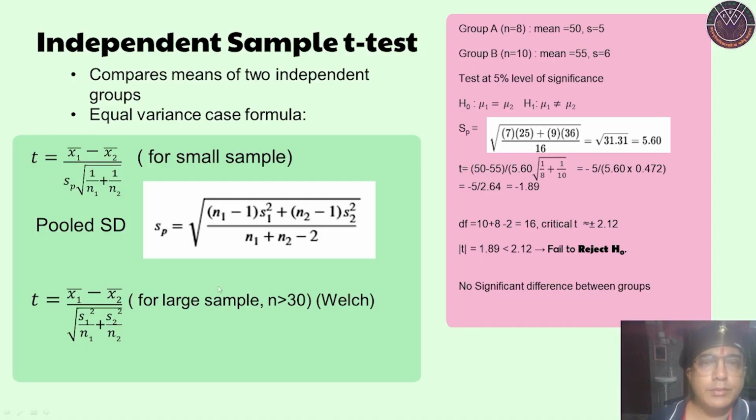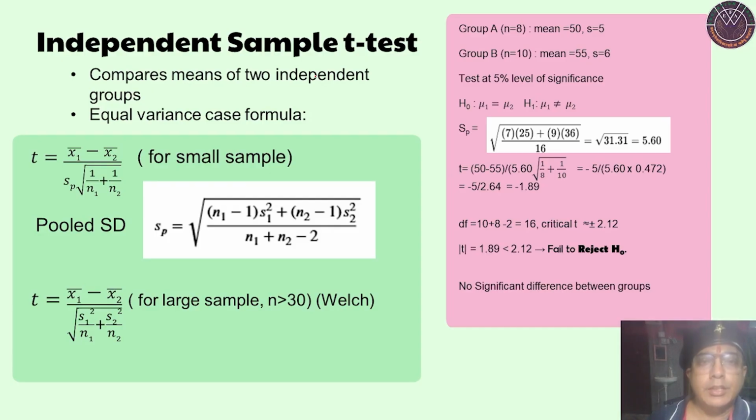Now let us think about the most useful test, the most used test in research in the field of social science, education, psychology. Whenever you are taking data from humans or from groups of people, then you are using the independent sample t-test, because all the individuals are divided into two groups, suppose boys, girls, private school, government school staff.